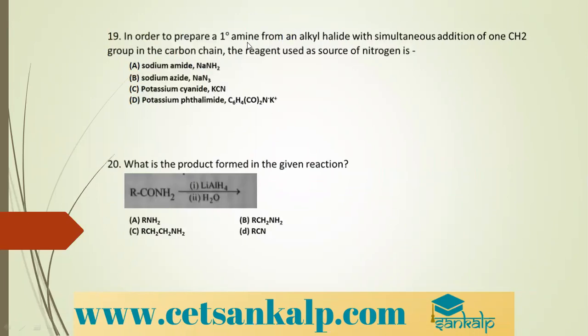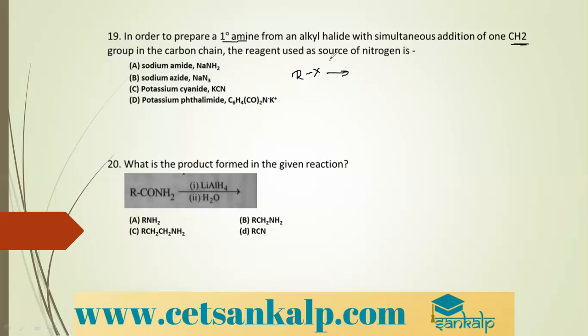In order to prepare primary amine from an alkyl halide with simultaneous addition of one CH2 group in the carbon chain, the reagent used as a source of nitrogen is? Look at the question. You want to prepare primary amine from alkyl halide with simultaneous addition of one CH2 group. That means whatever alkyl halide I am taking, I will get an amine with one carbon more. So I should select the source of nitrogen.